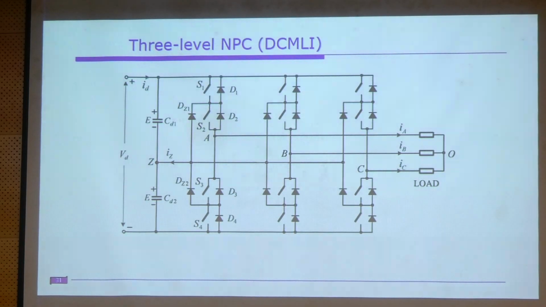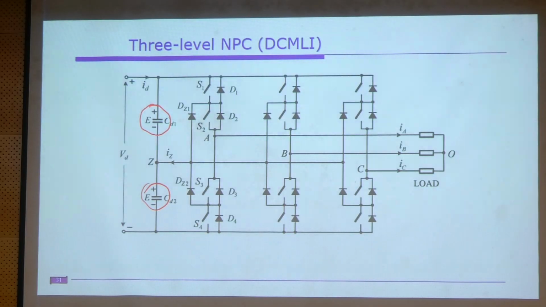This is a three-level inverter. Three-level inverter means you require two DC sources, and we need to access the midpoint of those DC sources. So you have two DC sources available here, and four switches connected, S1, S2, and S3, S4.